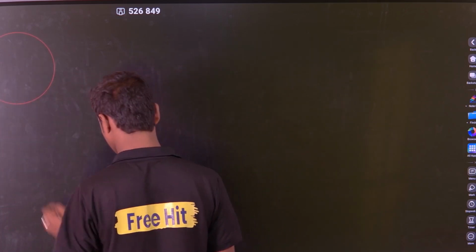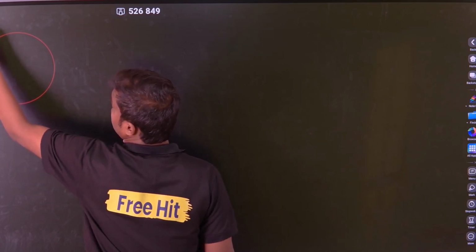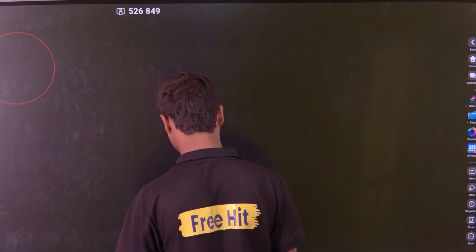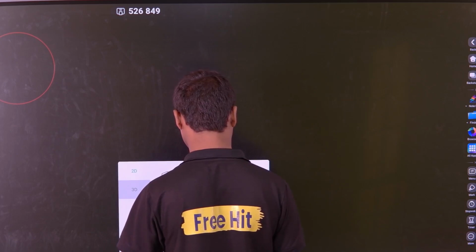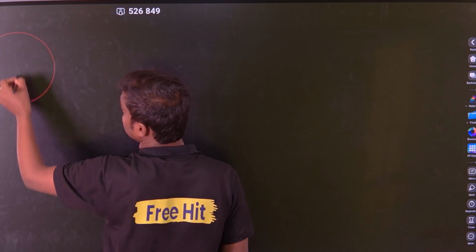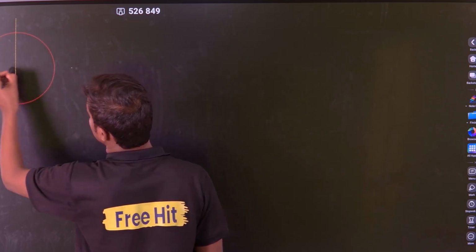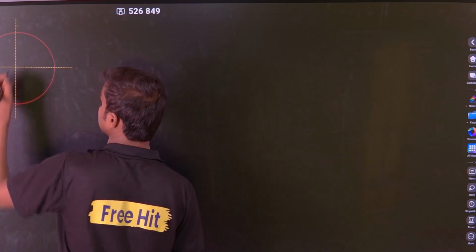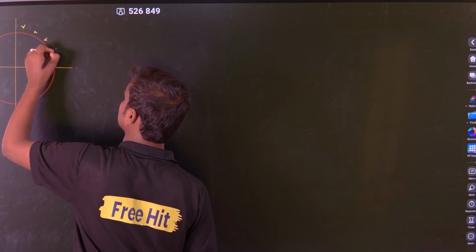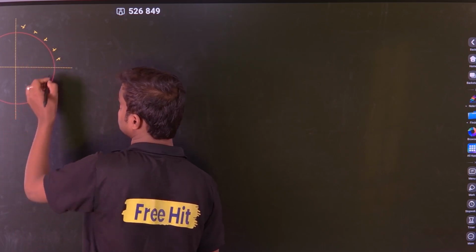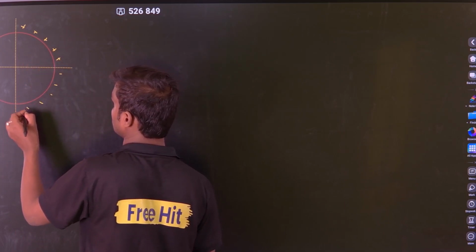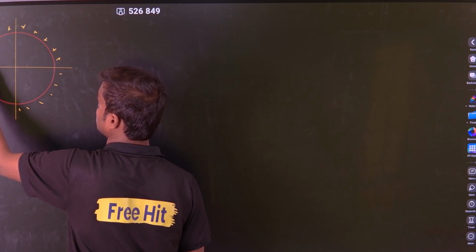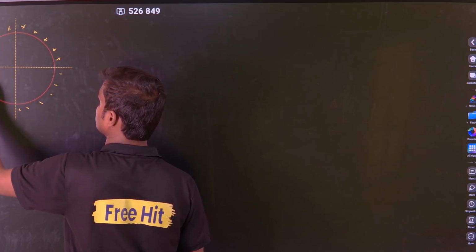Yeah, suppose this is my question. Very simple only. Suppose I have a sector. Suppose this part is positive charge, this is negative charge, this is positive charge, and this is also positive charge.